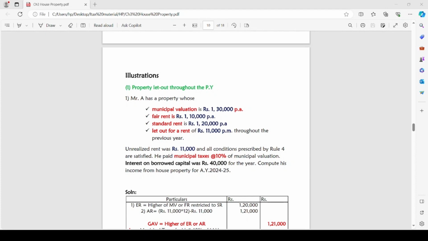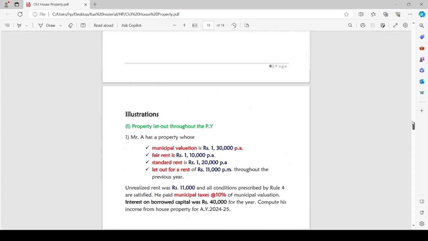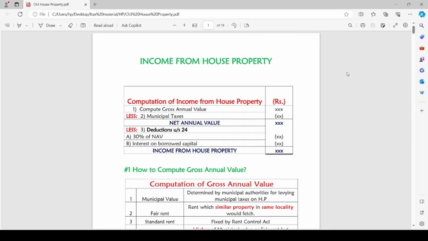Before heading for the problems, let us revise a small concept, that is computation of income from house property. For any house property, while computing the income, first we have to compute gross annual value. This is the first step. The second step is we have to deduct municipal taxes so that we arrive at a value called net annual value.